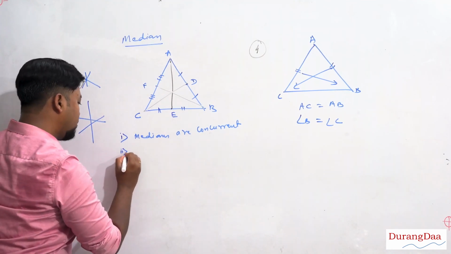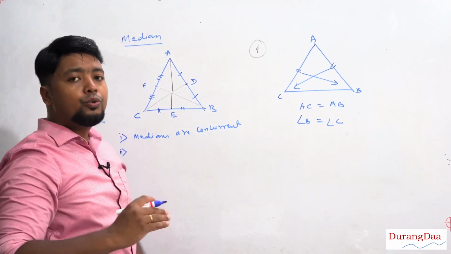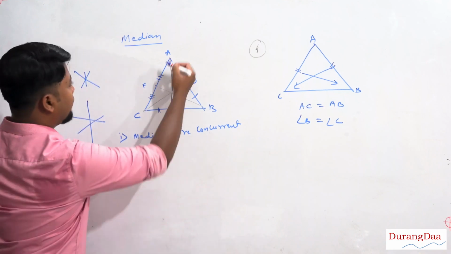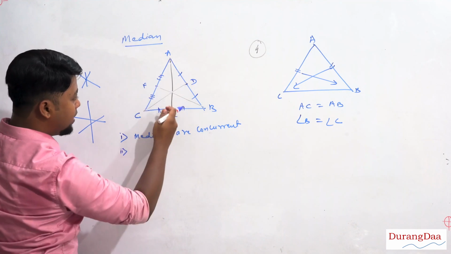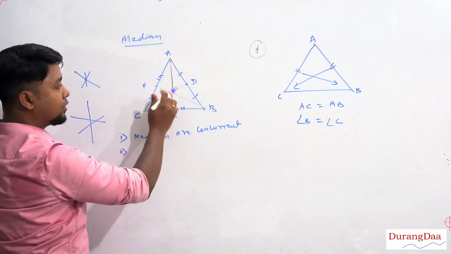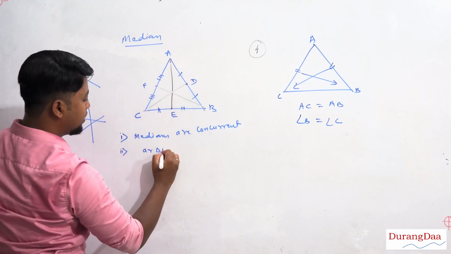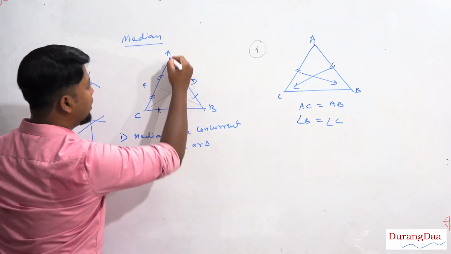Second point that you have to keep in mind about medians is that they divide triangles into two equal halves. That means, if I talk about median AE, this line AE has divided the triangle into two parts. So, I can write here area of triangle AEC would be equal to area of triangle AEB.